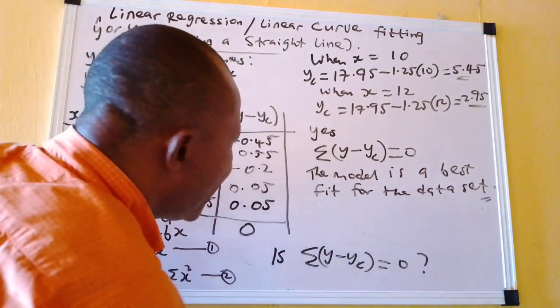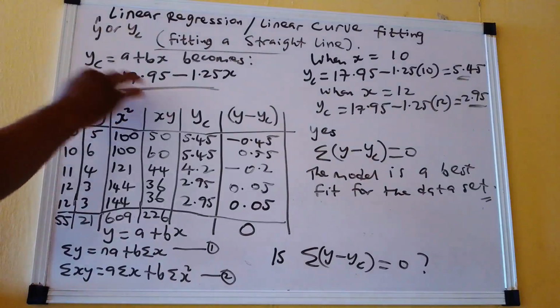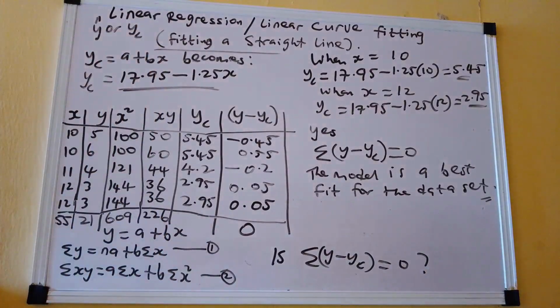So you can see that the error, the sum of the residual, is 0. So the sum of the residual is 0. So this model is the best fit for this data set.